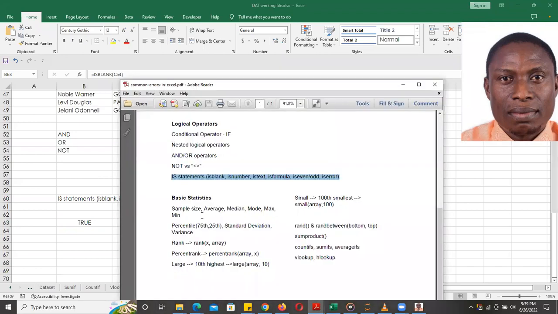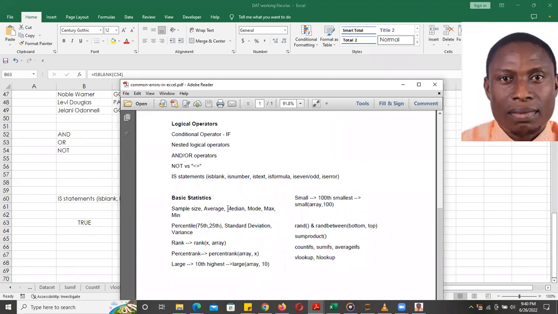Okay. Basic statistics. I think we've worked with average, we've worked with max, mean, and the sample size is just the count. Count is the sample size.